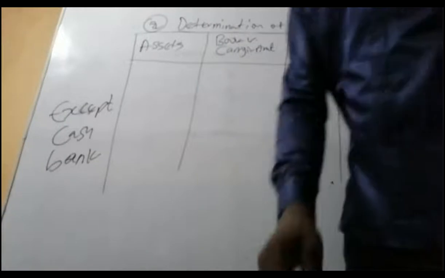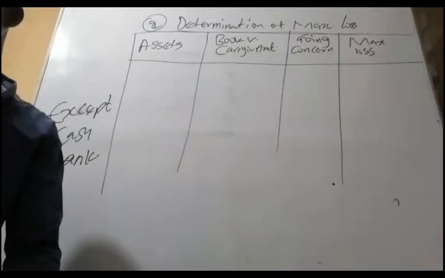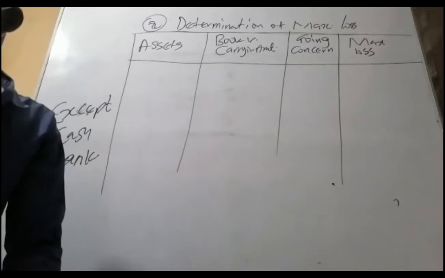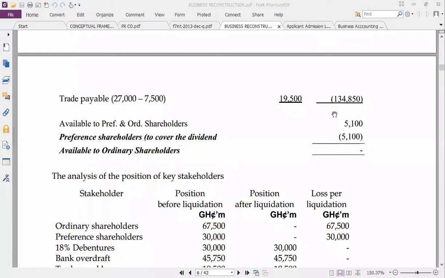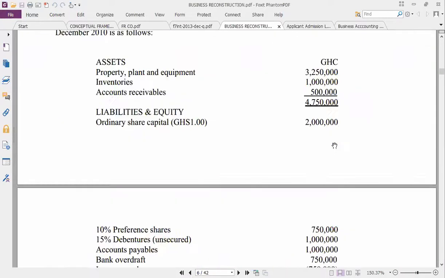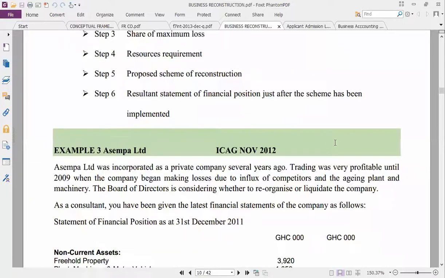So let's go to the question and then list all of them. So we are solving Asempa Limited, the Kumasi Shoe Factory.